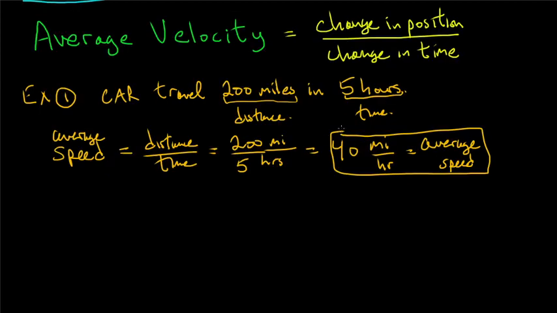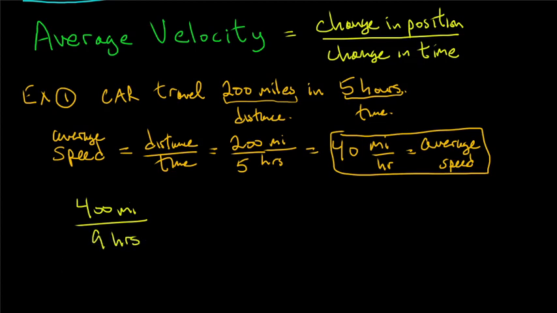So here's a good idea for the difference. We travel 200 miles in 5 hours, and let's say we then return home. So now we traveled 400 miles, and let's suppose it took a little bit shorter to get home. Let's suppose it took 4 hours. So 5 hours to get there and 4 hours to get back, a total of 9 hours.